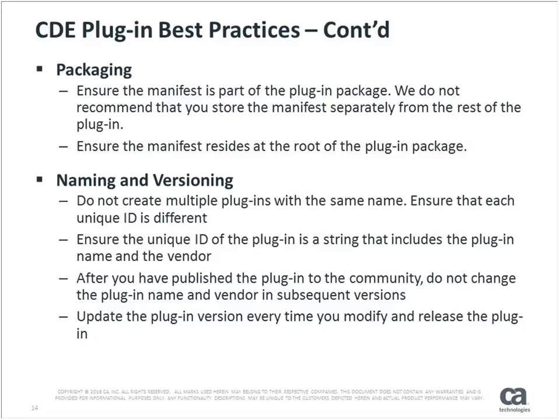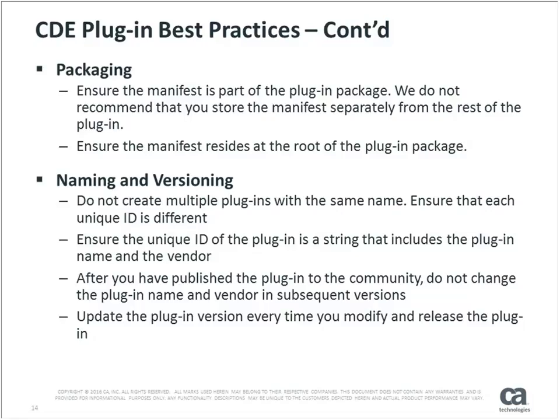Also, after you publish the plugin to the community, which could be your internal community or the external community, don't change the name. Just make sure that the name remains the same no matter what, because it's important that it remains there so you can see what's going on, and everyone has continuity in regards to that.